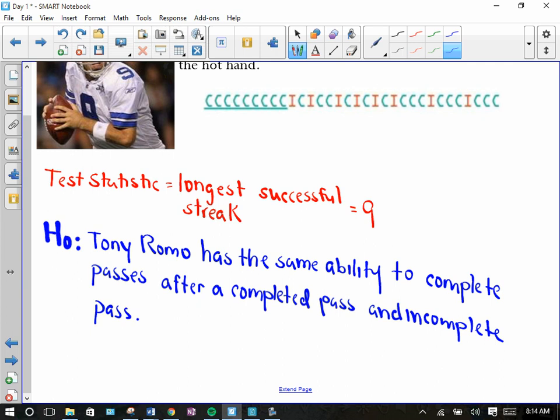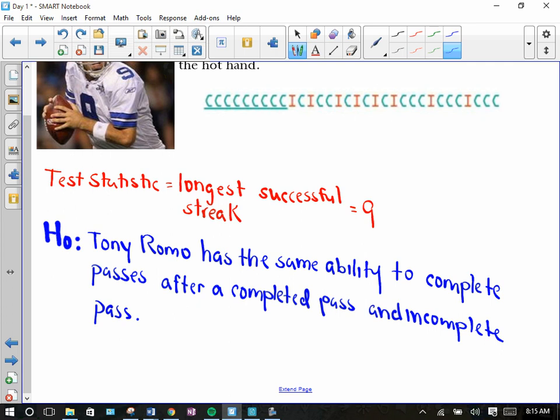I know, that's why you're going to write this down, and then I'm going to show you the shorter way of writing it. So the null hypothesis is assuming that he doesn't have a hot hand. It's saying he has the same ability to complete a pass.